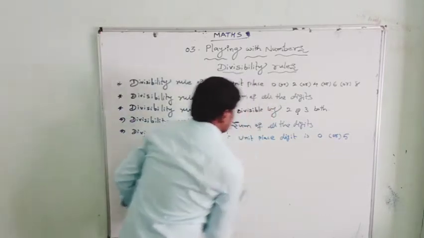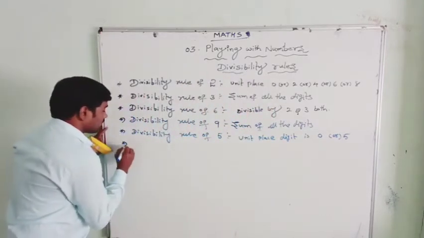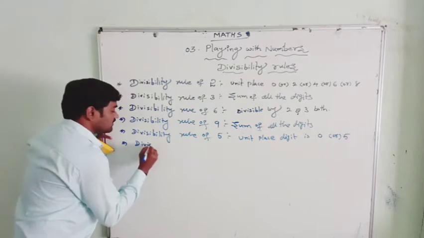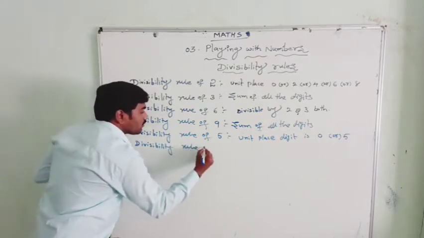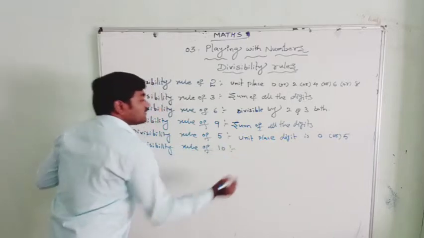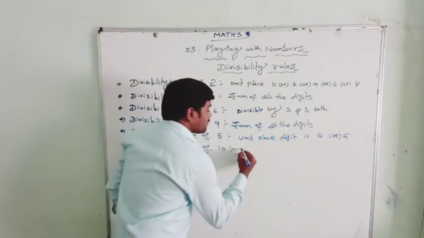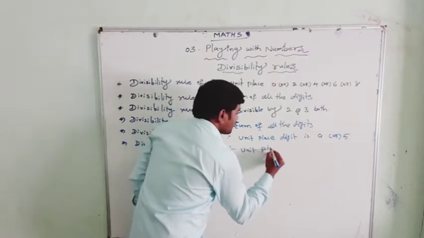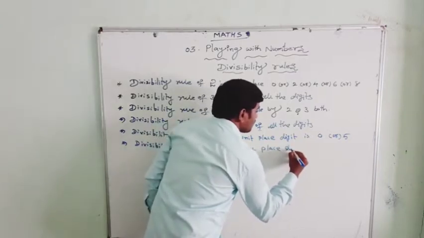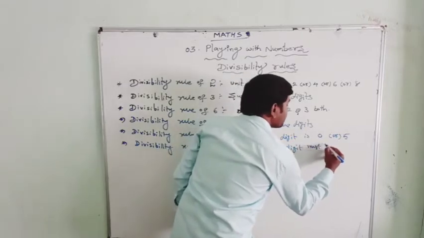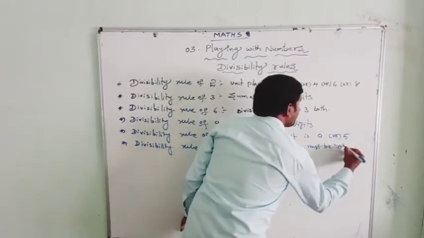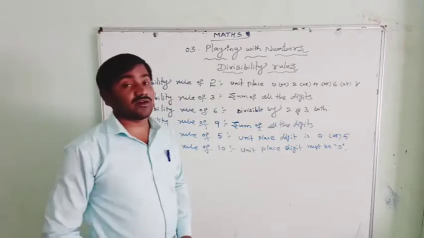Now next, the divisibility rule of 10. The unit place digit must be 0. Then only the number is divisible by 10.